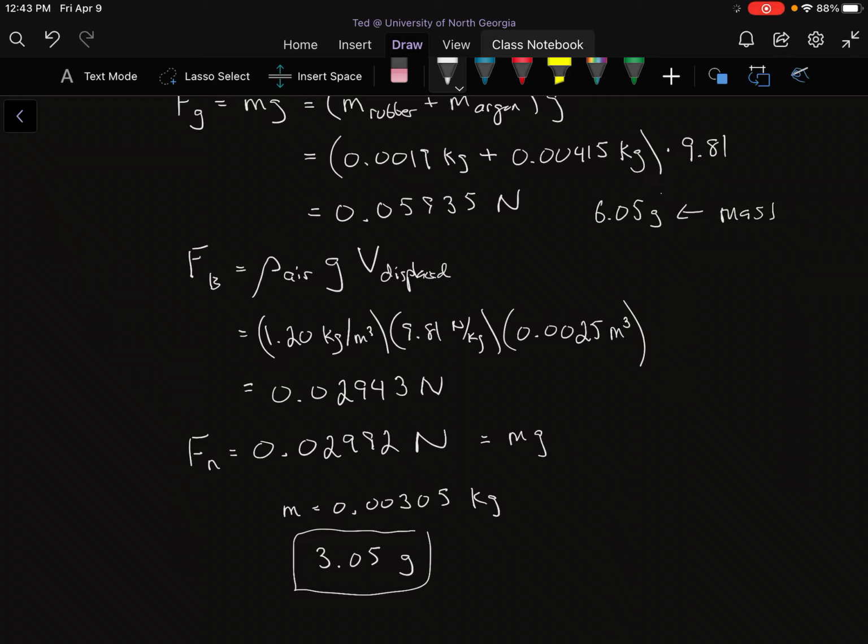And because the buoyancy force was lifting the balloon up, we end up with the scale reading less than the actual weight of the balloon.